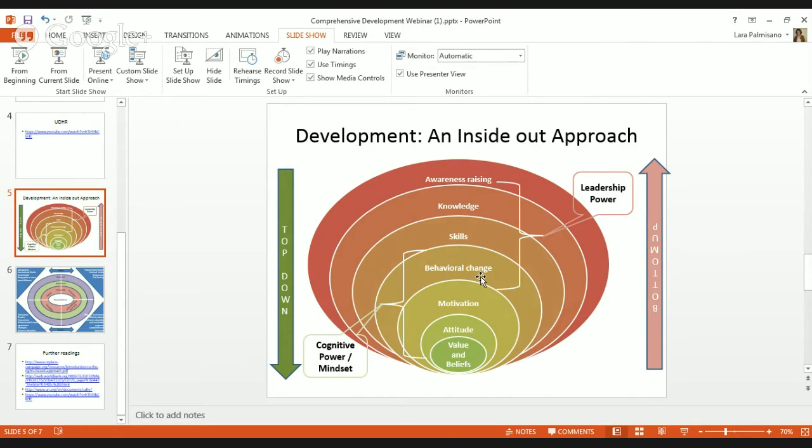Here you can also see the intersection between the cognitive power and the leadership power, because leadership power also focuses through awareness raising, through knowledge and through skills on the behavioral change, which brings the extrinsic motivation, or the external motivation, we can say. A society can start the development process bottom up, starting from the very basic, like the household level, and then village level, and then district level, and then state level.